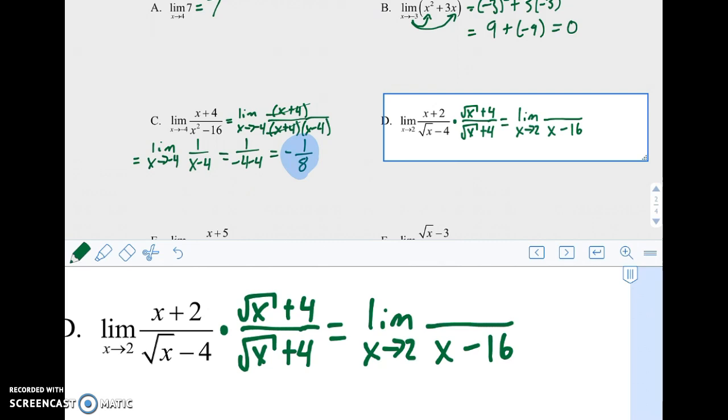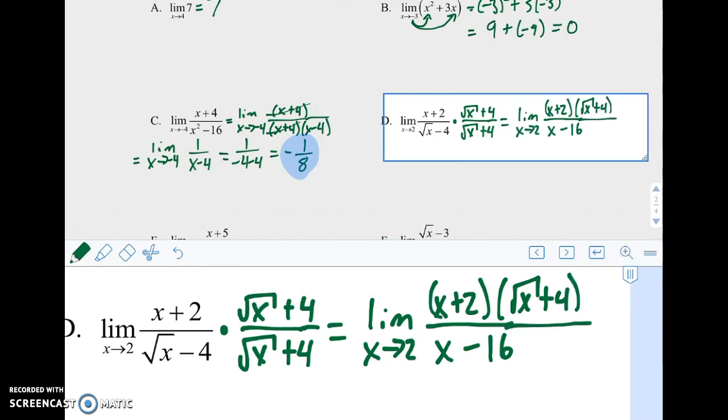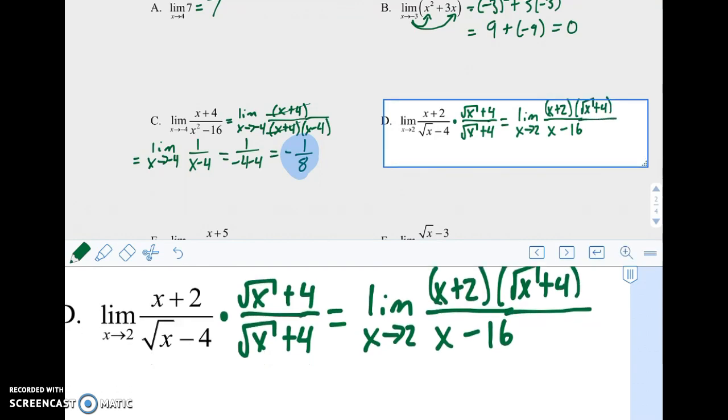And then on the top, you should have x plus 2 times the square root of x plus 4. And then you should be able to plug in 2 now and get an answer.